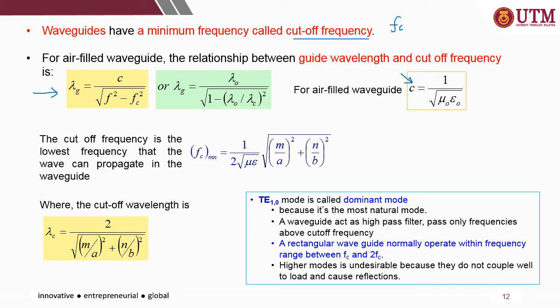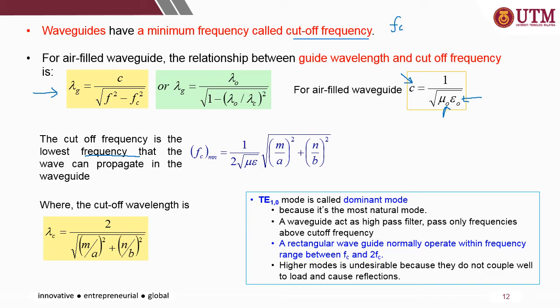For a filled waveguide, if you have a different medium between the metallic walls, then c will be different, depending on the permittivity of the material and also the permeability. The cutoff frequency is the lowest frequency at which the wave can propagate within the waveguide.